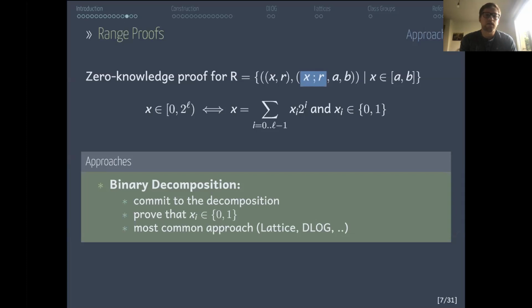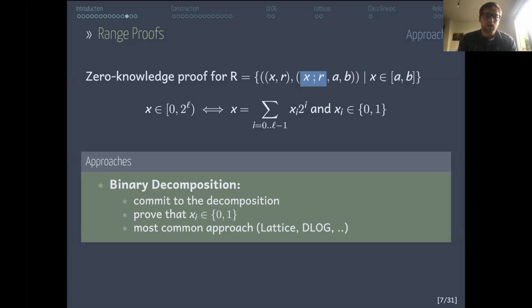It's obvious that if the decomposition holds and if Xi are actually bits, then X is in the given range. To construct the range proofs, you commit to the decomposition, and then you prove that all your Xi's are bits, so either 0 or 1. This is also very easy to show.